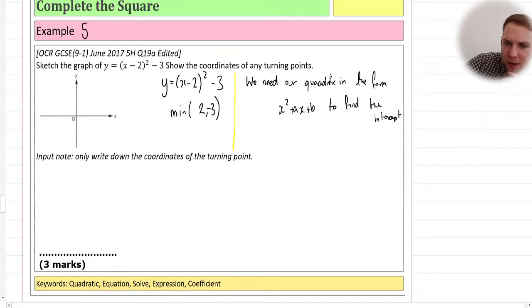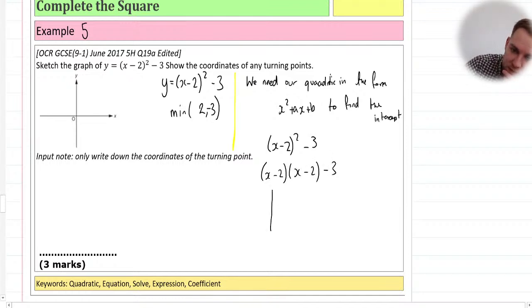So, if I go x minus 2 all squared minus 3, so I know that this is x minus 2 times x minus 2, minus 3. So I need to use the grid method for this part on the left, which is going to be x minus 2, x minus 2. x times x is x squared, x times minus 2 is minus 2x, x times minus 2 is minus 2x, and minus 2 times minus 2 is positive 4.